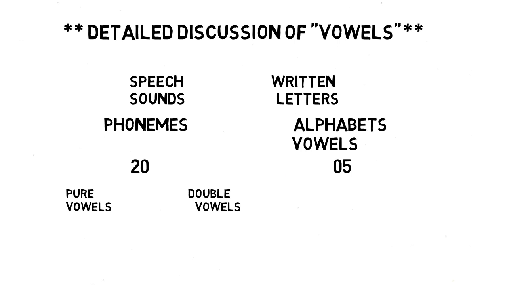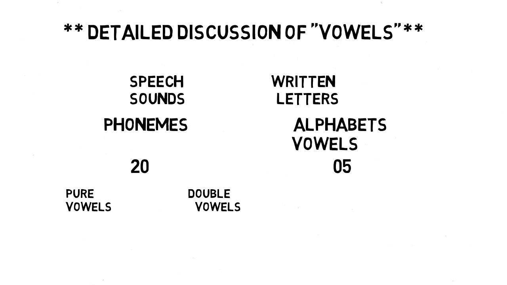The basic difference between the speech vowel and written vowels is that they are not equal in their number. The spoken vowel sounds are 20 in number, whereas the written vowels in the alphabet are just 5 in number.